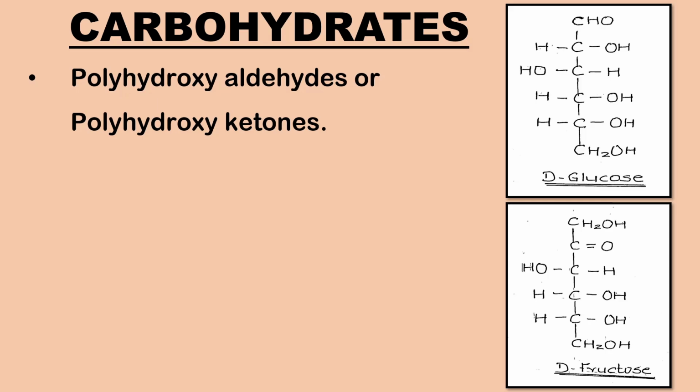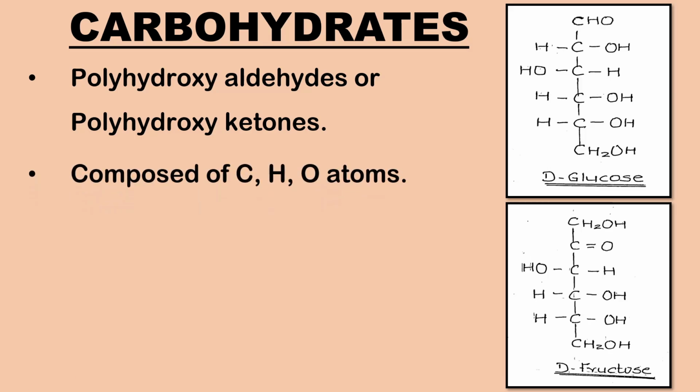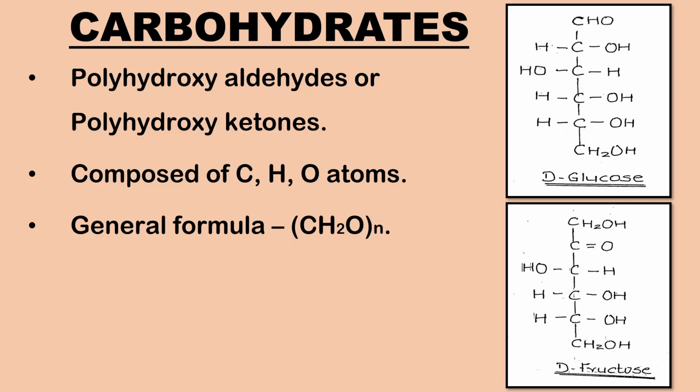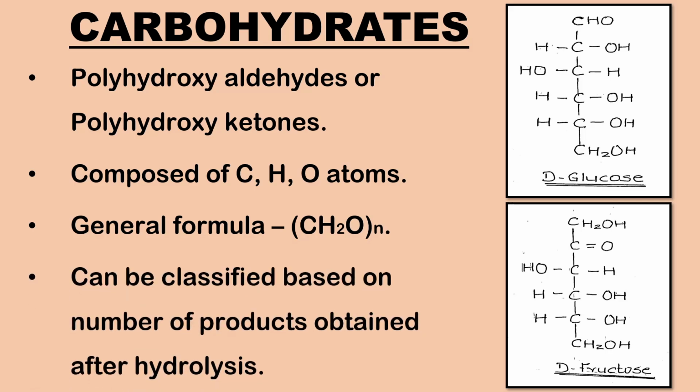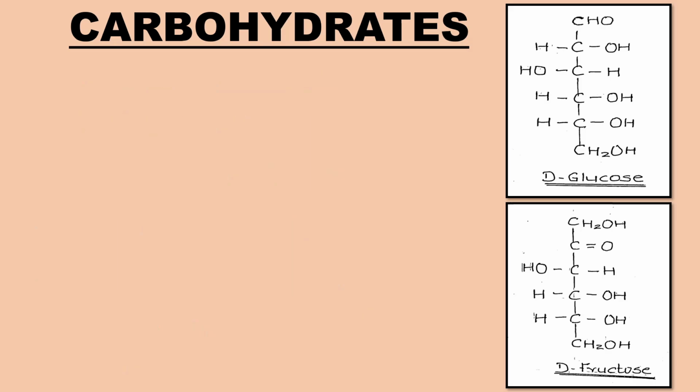Carbohydrates are polyhydroxyaldehydes or polyhydroxyketones. They are composed of carbon, hydrogen, and oxygen atoms, and the general formula is as shown. Carbohydrates are called saccharides and can be classified based on the number of products obtained after hydrolysis.